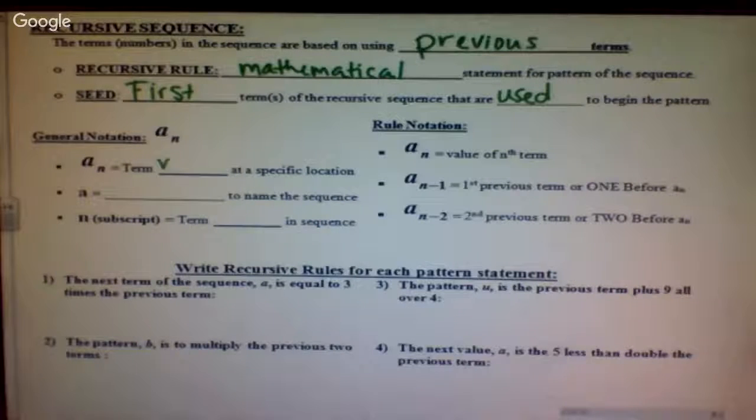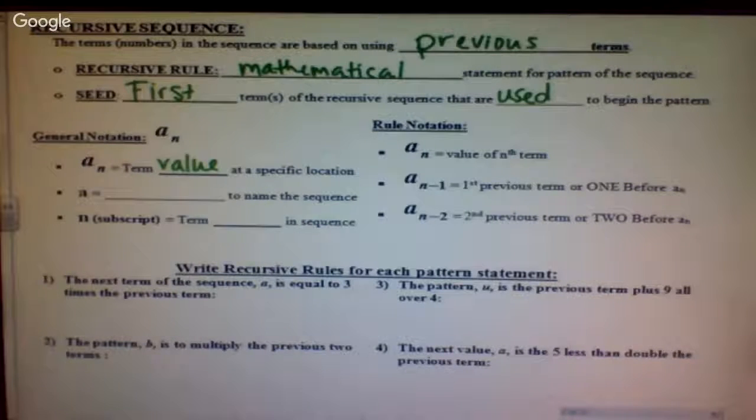Okay, so for instance, if you're given the pattern 2, 6, 18, and I'm looking for A sub n, 6 would be A sub 2, because it's the second number in the sequence. 18 then would be A sub 3.